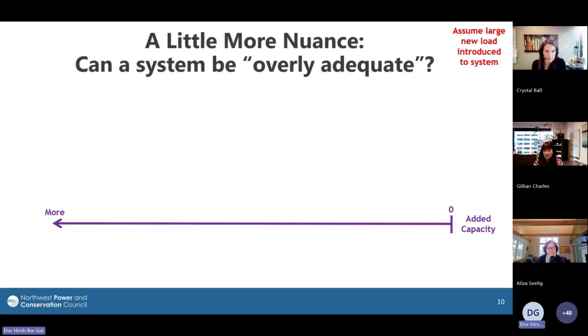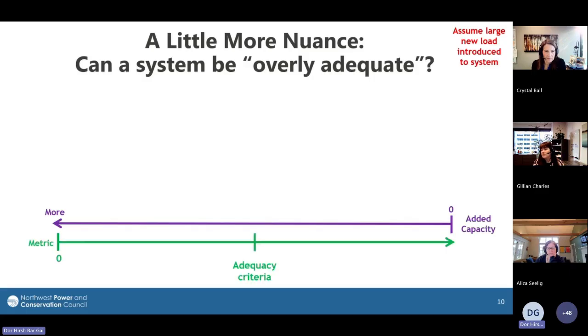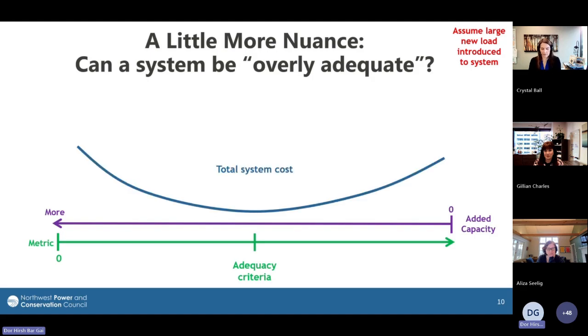Whatever adequacy metric you are using, I have yet to see an adequacy metric that is below 0, but we can be creative and try to find one. But let's assume 0 is the smallest value your metric could be. And as you go farther away from it, you are less and less inadequate. But whatever your metric is, you're going to have a criteria. We can start with loss of load expectation of 0.1. We will talk about it in a few slides, but assume that that is your metric.